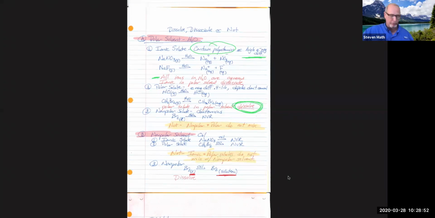It's a solution. You wouldn't write that completely out, but you would say soln. It's a solution state of matter. We don't know what that solvent was. That's why they write oil over the arrow here. So that's the lesson on dissolve, dissociate, or no visible reaction here.